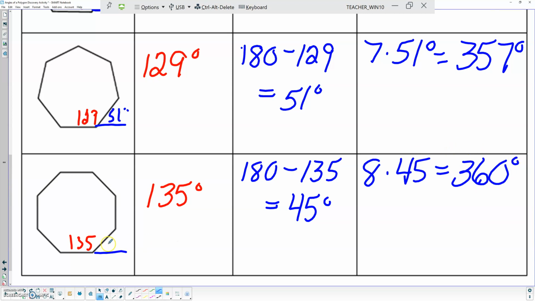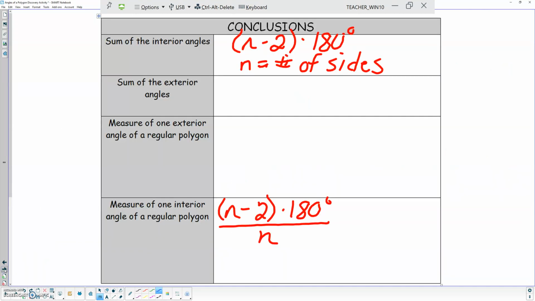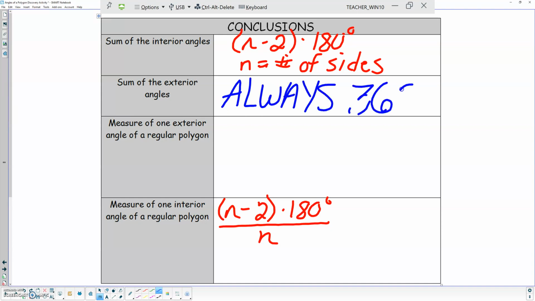Okay? So now on the last page, if we go back to that chart, the sum of the exterior angles for any polygon is always 360 degrees. Okay, so to find the measure of one exterior angle, you're going to take 360 degrees and divide it by the number of sides.